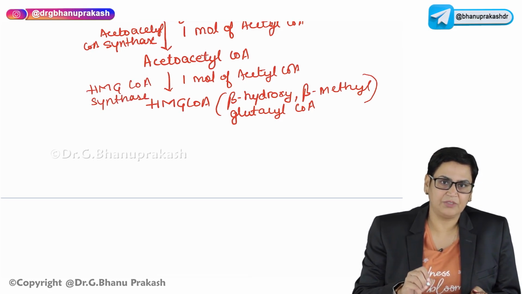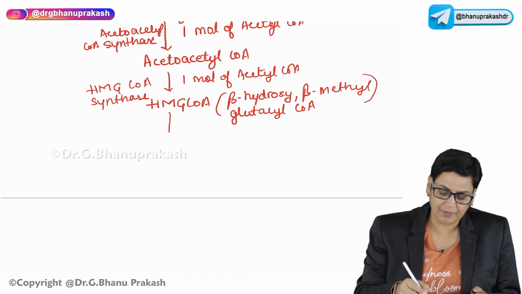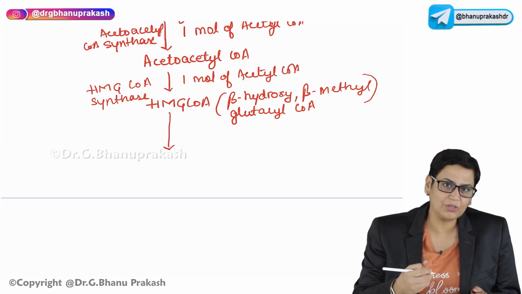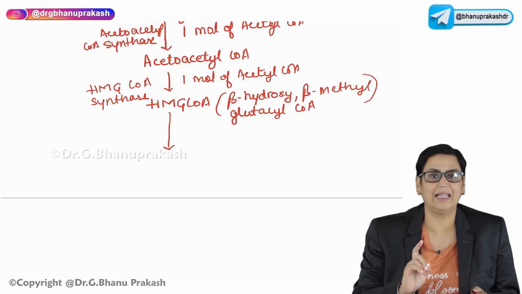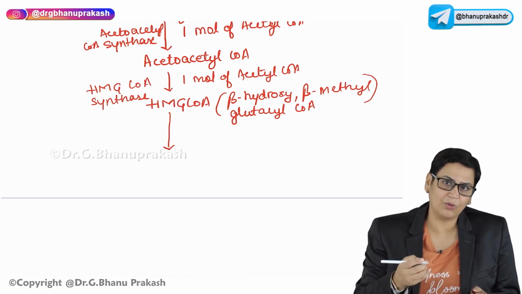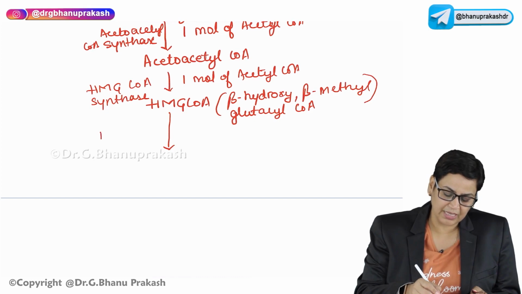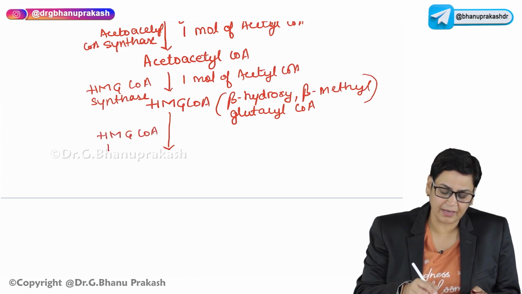Now this HMG-CoA undergoes splitting, and we all know that the splitting enzyme is lyase. Splitting of what? HMG-CoA. So the name of the enzyme will be simple HMG-CoA lyase.